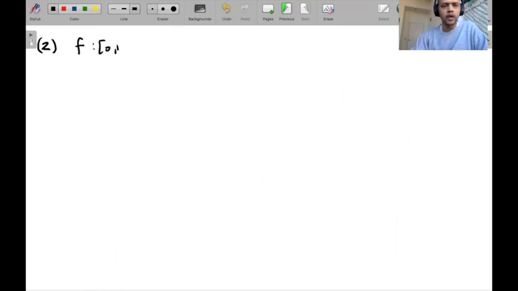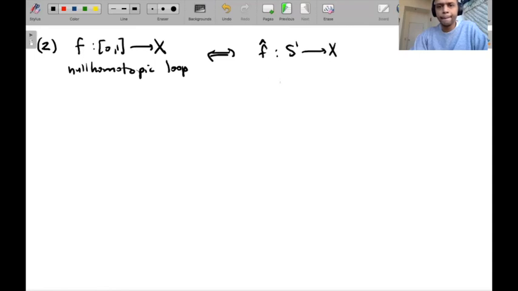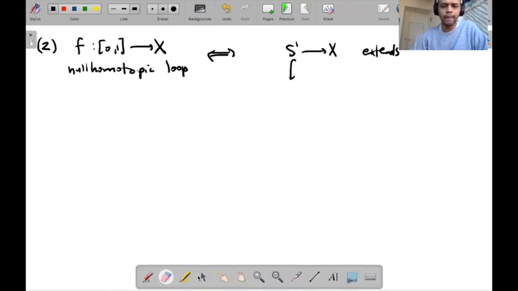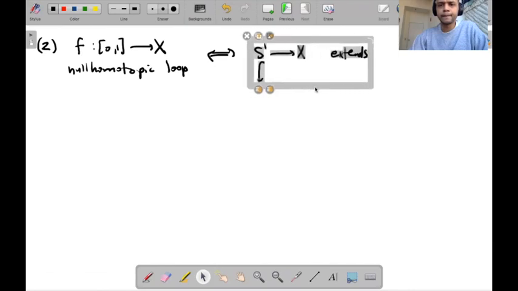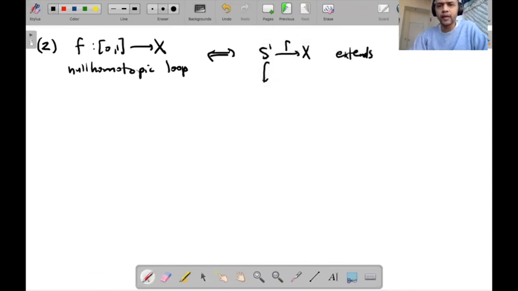So if you have a loop F which is null homotopic, homotopic to a constant, this is true if and only if the associated map f hat from the circle extends to the disk. So let me write it this way. So we have f hat.